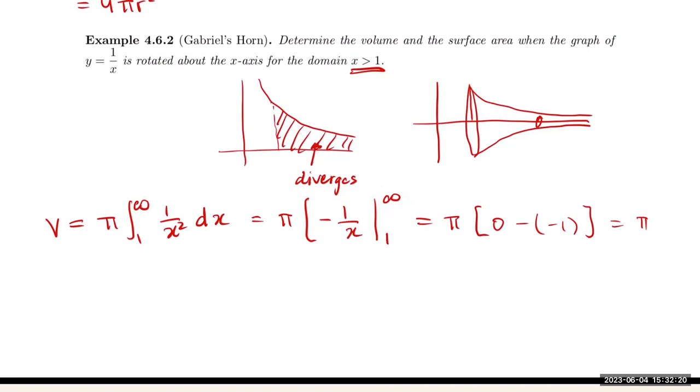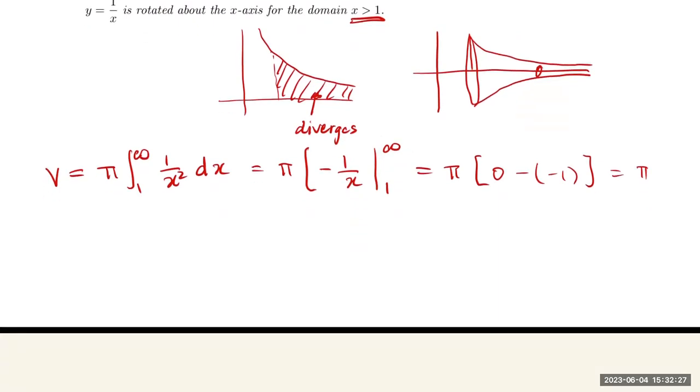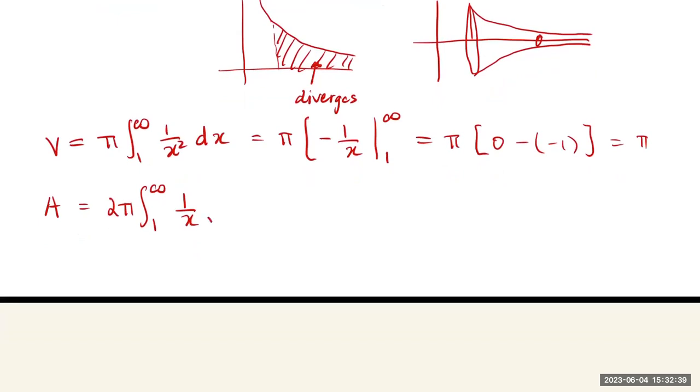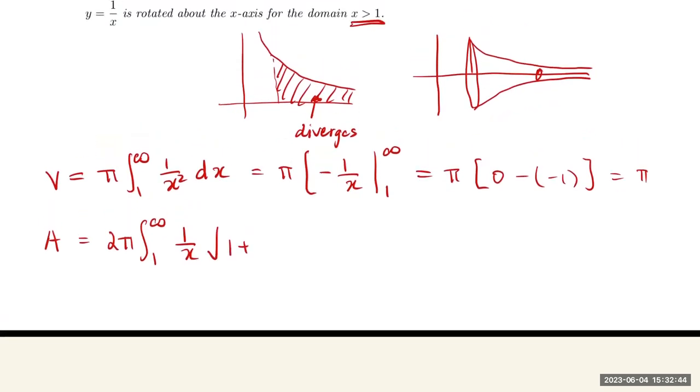But let's have a look at the surface area. Well, the surface area, we'll call this A. We know that's going to equal 2 pi times the integral from 1 to infinity of the function, which is given by 1 over x, times the square root of 1 plus the derivative, which is negative 1 over x squared, whole thing squared. So y prime is negative 1 over x squared.